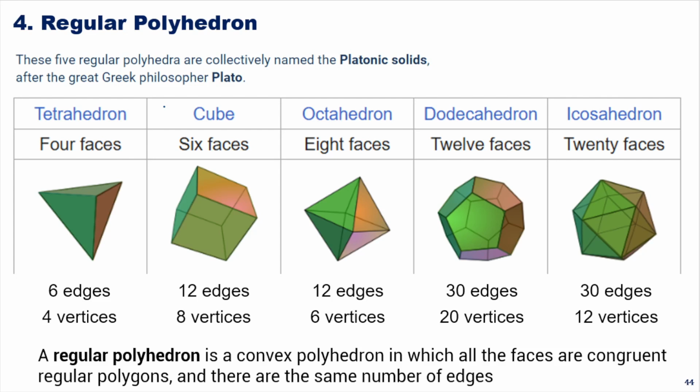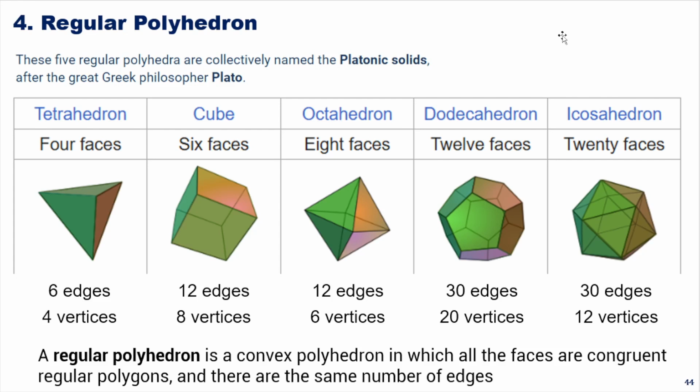The most typical regular polyhedron we see is the cube, right, which has 6 faces, 12 edges, and 8 vertices. If we have 4 faces, then we have a tetrahedron, which has 6 edges and 4 vertices.